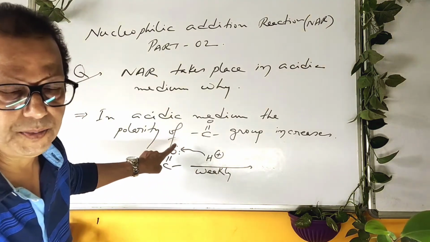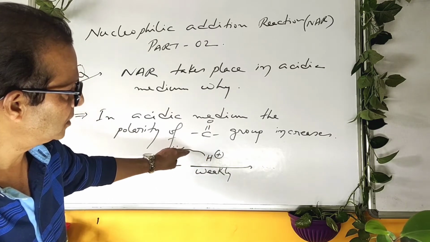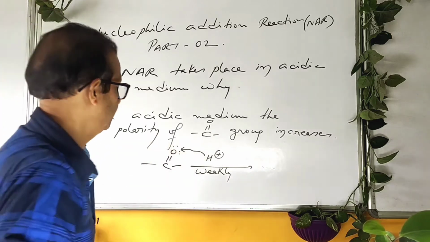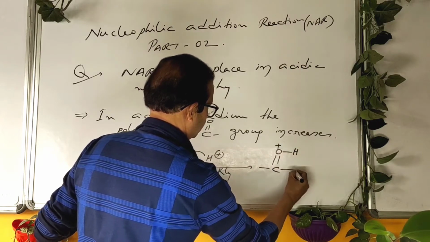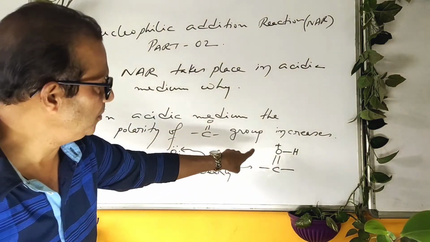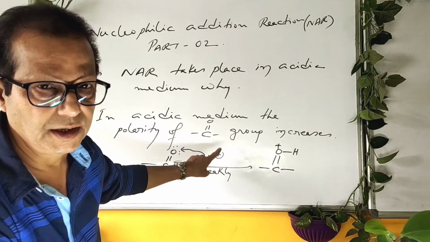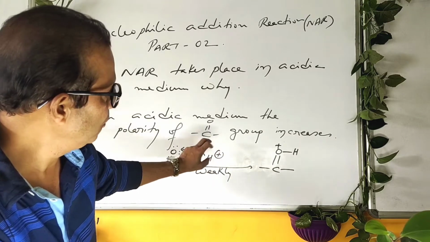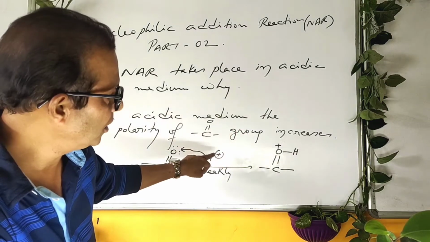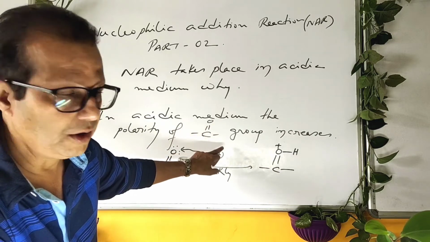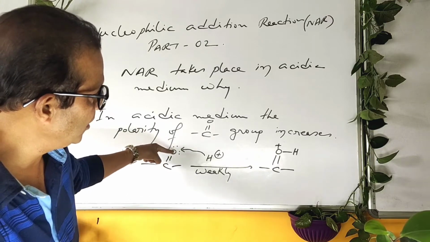As the oxygen has lone pair of electrons, the proton gets attached to the oxygen atom. So oxygen becomes positively charged, and remember it, in organic chemistry, any positively charged ion where it gets attached, the central part becomes positively charged.